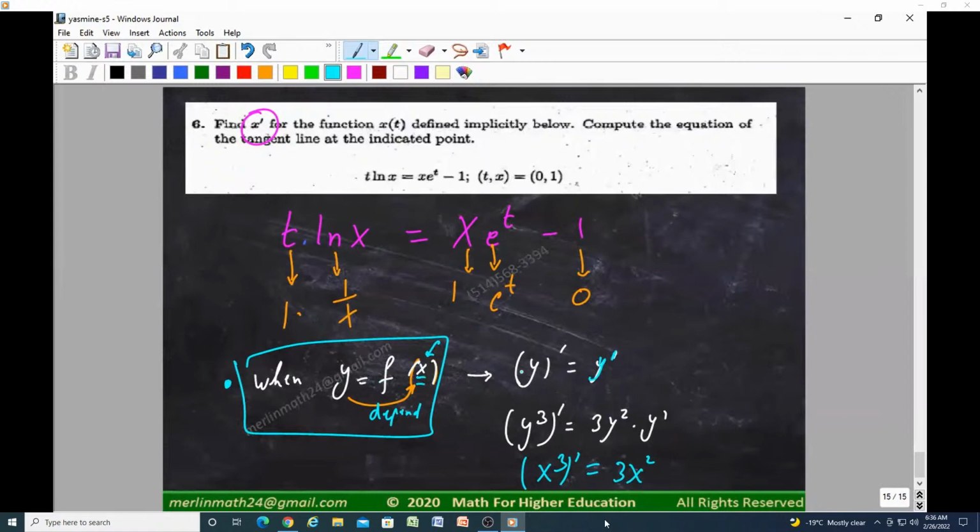So by the way, this one, y equals f of x, can be written as x of t, because I want to give you what that means. I just want to introduce you to this look. So when I say x bracket t, what does that mean? x is like the y, and t is like the x. It's the same look as when I talk about y bracket x.